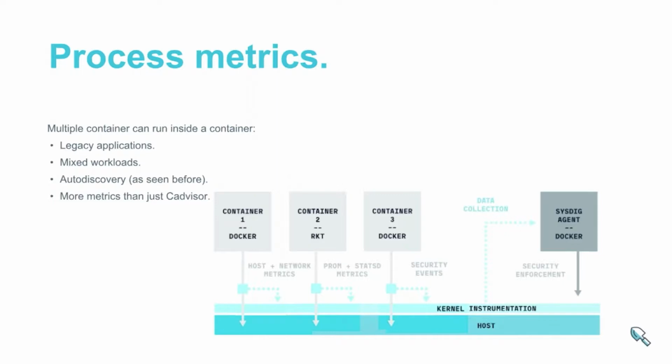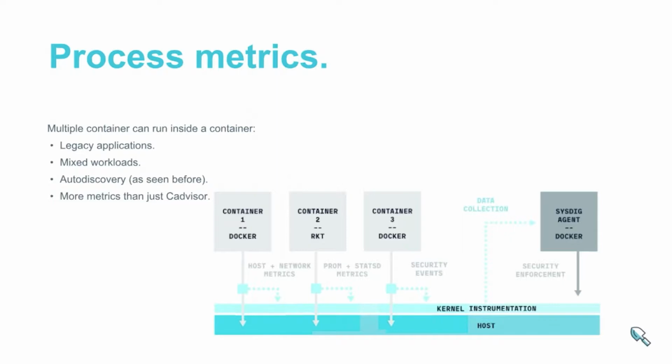We cannot see what's happening inside the container using Prometheus. This might be a requirement when you have multiple processes running inside a container. Imagine you have migrated some legacy applications into containers and you have multiple processes. Imagine that you have mixed workloads. This is a very usual case.